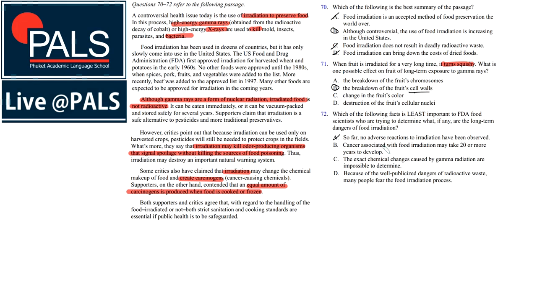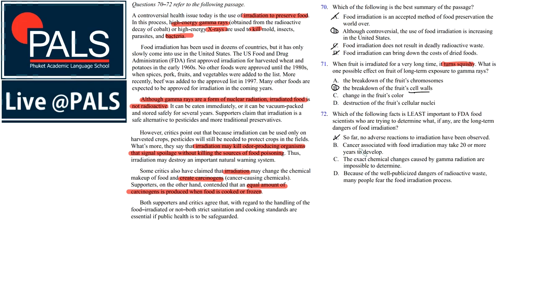because that means long-term studies have to be done, and people have to be observed for a long time. The exact chemical changes caused by gamma radiation are impossible to determine. Because of the well-publicized dangers of radioactive waste, many people fear the food irradiation process.